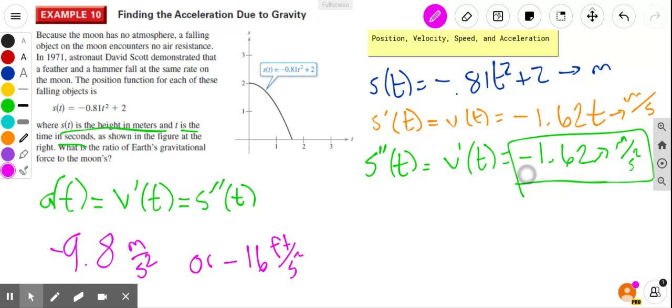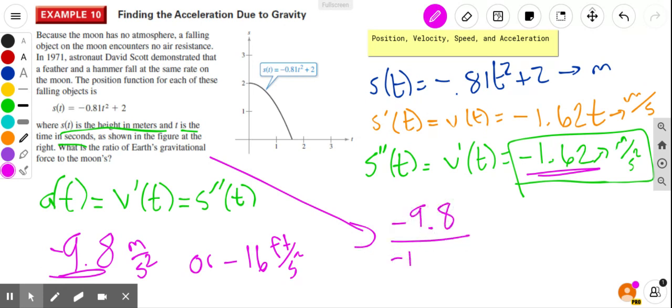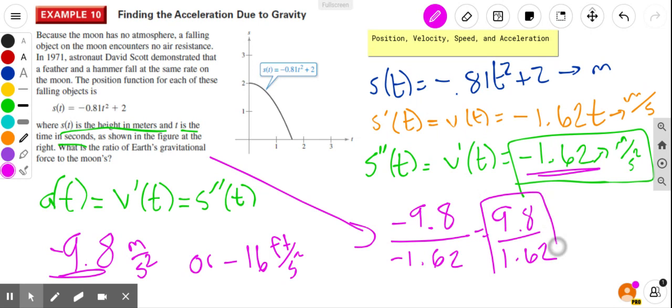Because this one's in meters per second, I'm going to stick with meters per second as well. So to answer this question, it's negative 9.8 divided by negative 1.62, which I'm going to leave as 9.8 over 1.62. I'm sure if I wanted to, I could simplify that down, but I'm a pass.